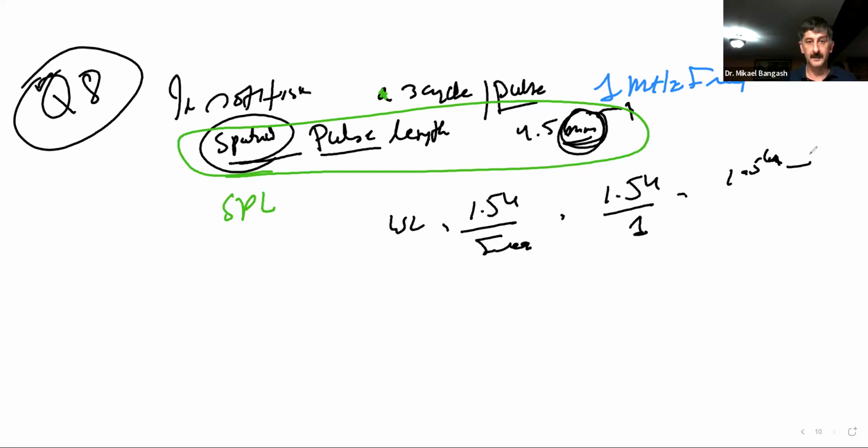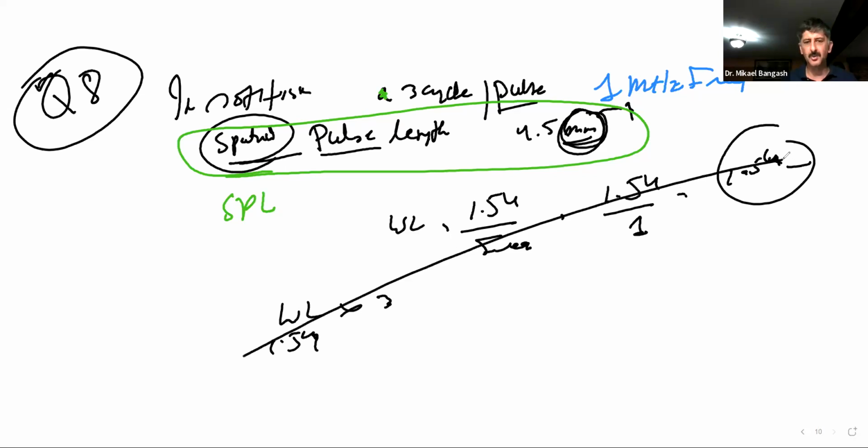Then the spatial pulse length with this wavelength is going to be a number of cycles, so 1.54 multiplied by 3, which gives you something like 4.5. But did you really need to do all this math?